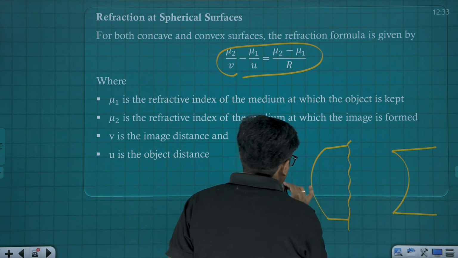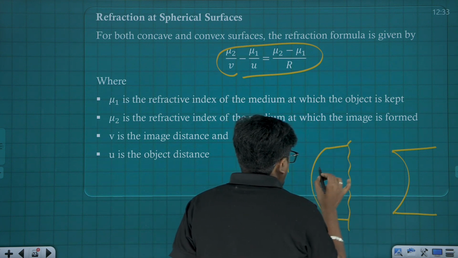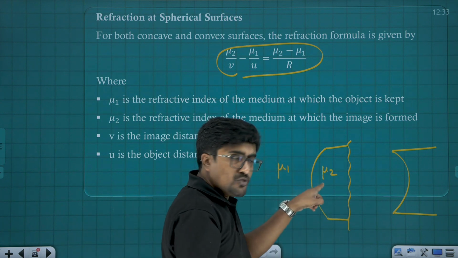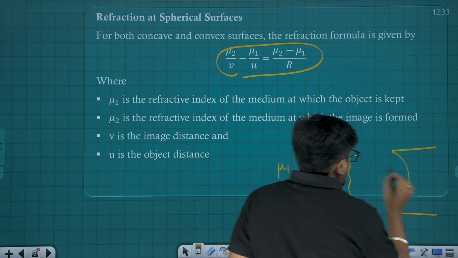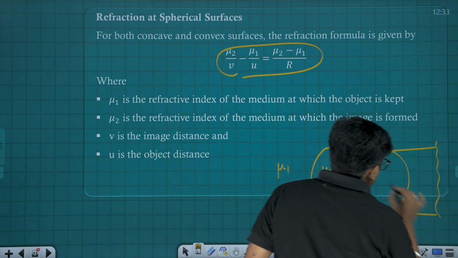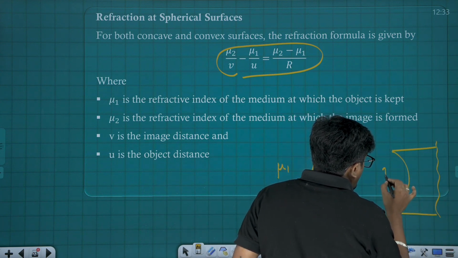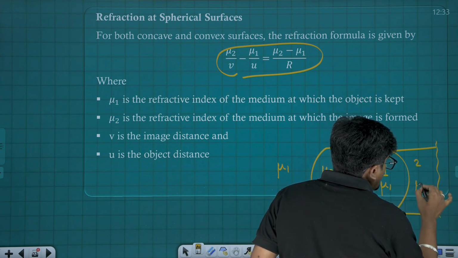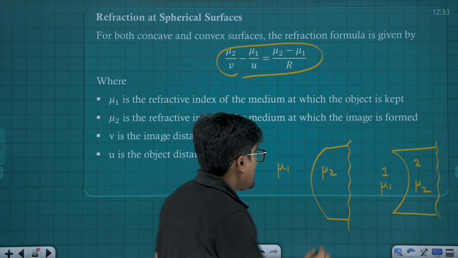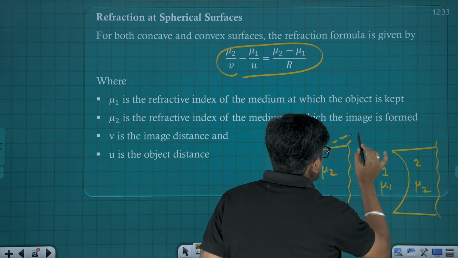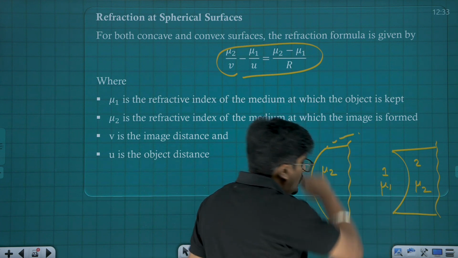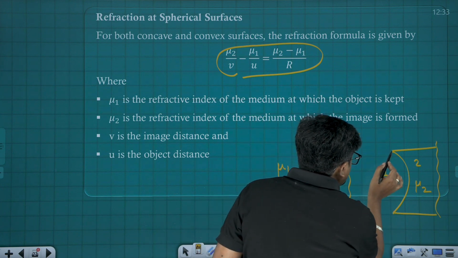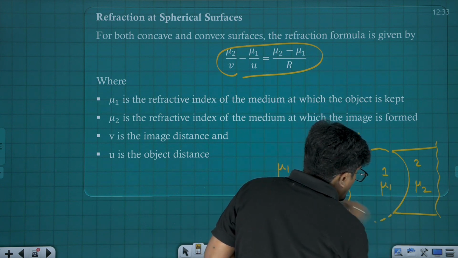Light is traveling from medium 1 of refractive index mu 1 to medium 2 of refractive index mu 2. Here again it is traveling from medium 1 whose refractive index is mu 1 towards medium 2 whose refractive index is mu 2. This is basically a part of a solid sphere, and here again a part of a solid sphere.